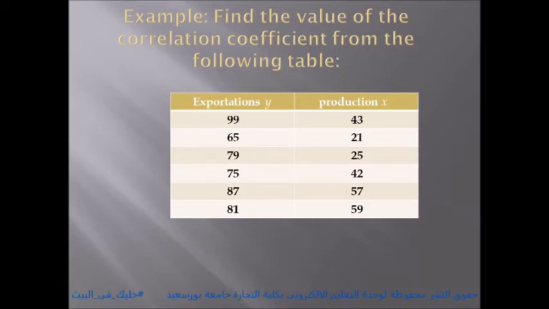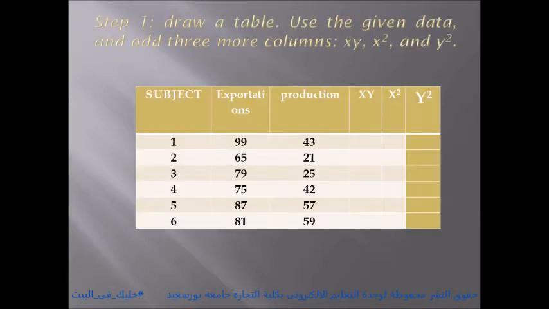We have a table including some variables y and x. Exportation represents y values, production represents x values. How to find the correlation coefficient? The first step, draw a table, use the given data and add 3 more columns.